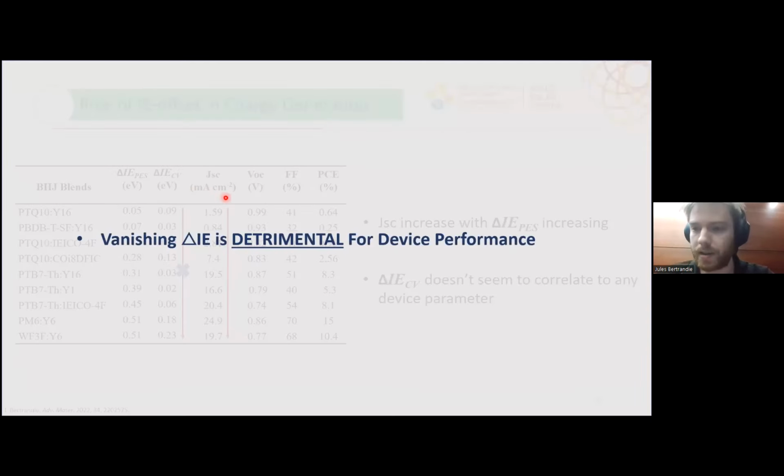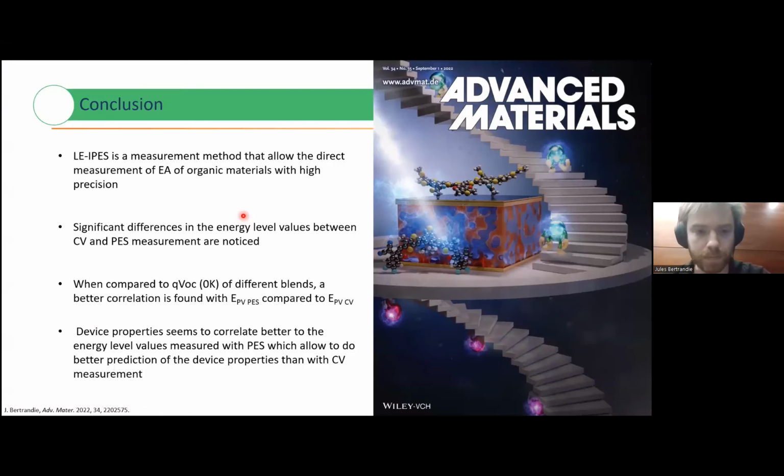One thing that is very important is that with the PES values, a low delta IE is detrimental for the device performance.